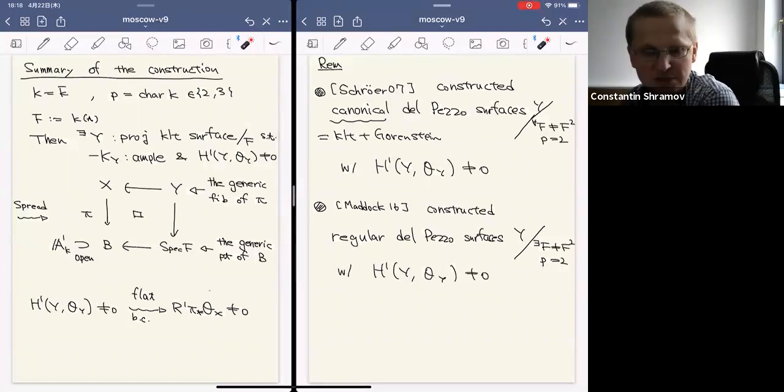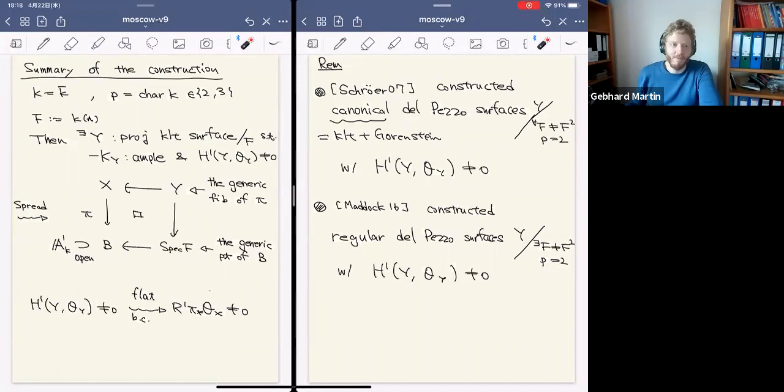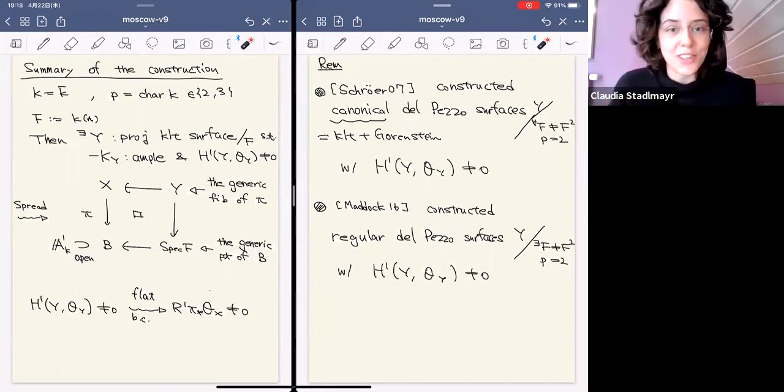I think that Claudia explained to us maybe several months ago that in some characteristics, some of the Du Val singularities have moduli or something. Yeah, and the canonical surface singularities are precisely the rational double points. So I think that should be Du Val. And you have more equations in small characteristics. Yeah. But you have equations for all of the cases.